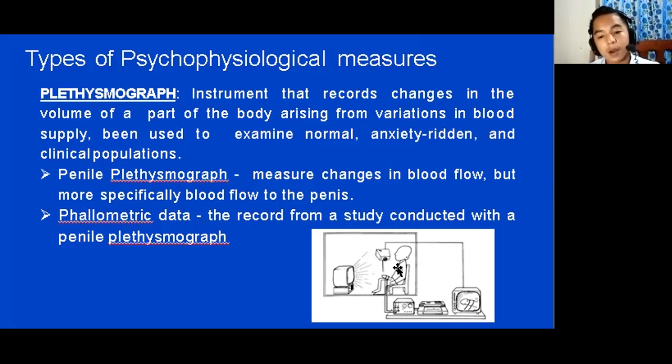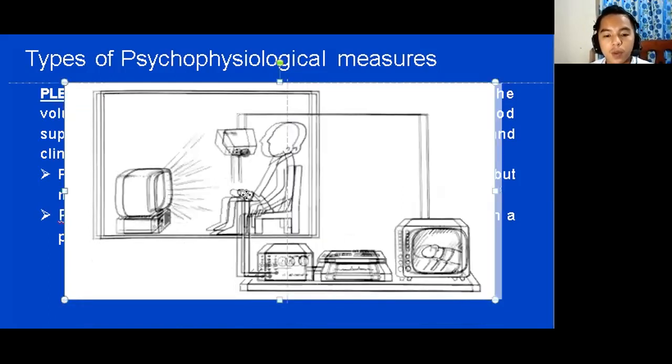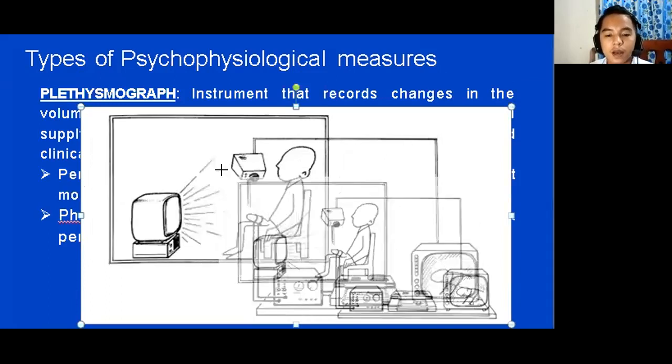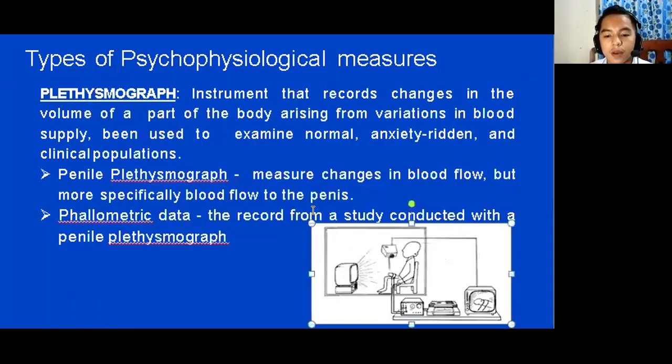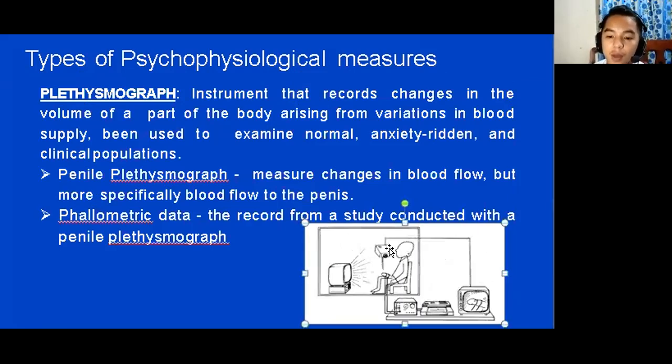So refer to the picture presented. The penile plethysmograph is illustrated like this. The instrument is placed on the penis of the man, and then upon watching the TV, the changes in the blood will immediately be recorded.